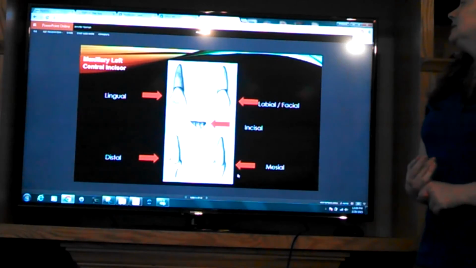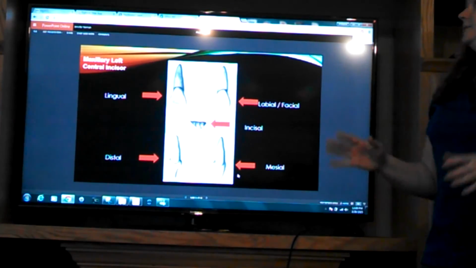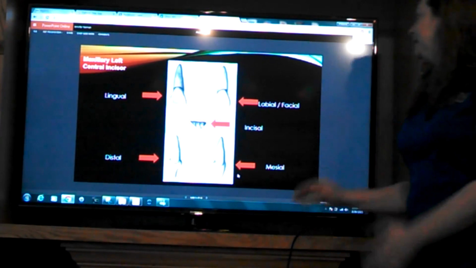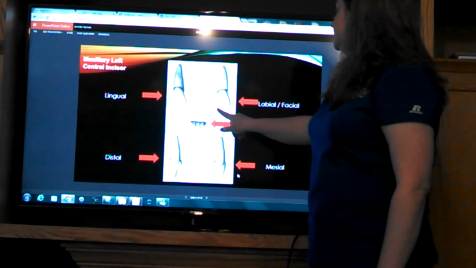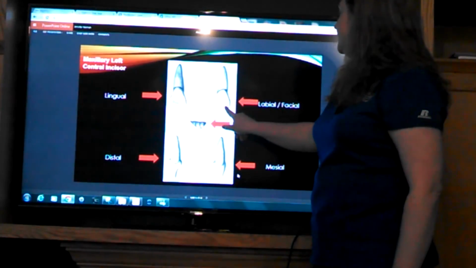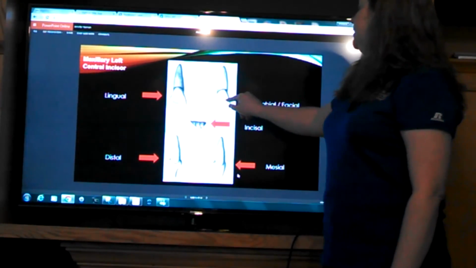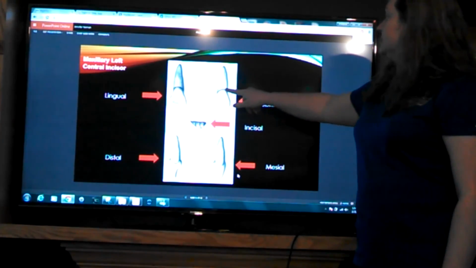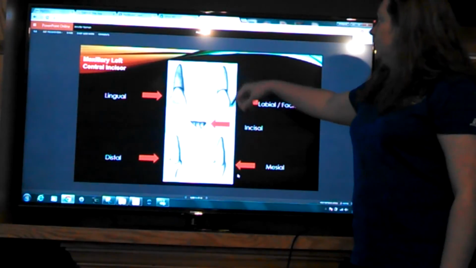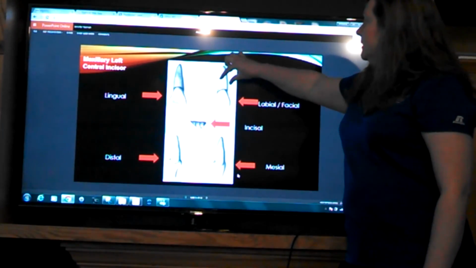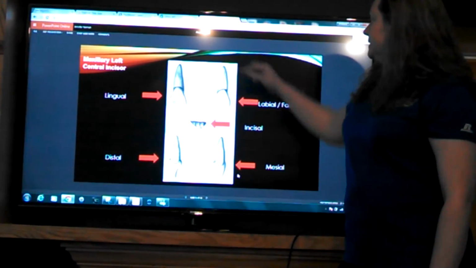Next, we have the maxillary left central incisor. So we're just moving over to tooth number 9. And here we can see the mesial, we can see the distal, we can see our developmental lobes and grooves. Here, when we're looking at the cervical edge, we can see that it's more distal than right in the middle of the tooth. We can also see how wide the root portion is and how it's blunted.